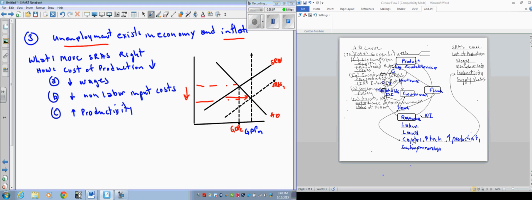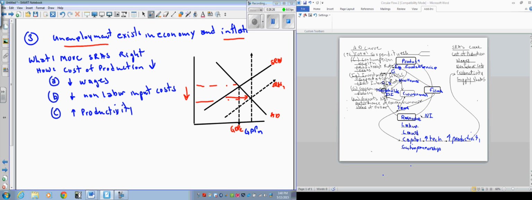Both of those innovations have caused them to be able to extract more oil and oil in places they haven't been able to get it before, and that causes then cost of production to go down and the SRAS curve to move to the right.